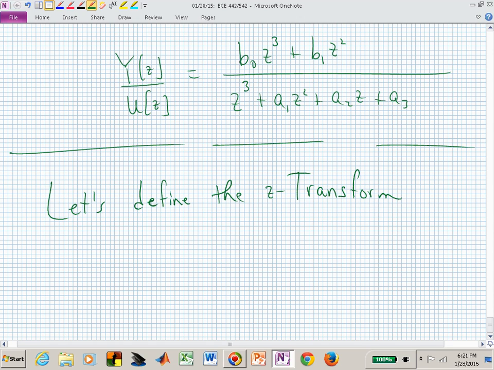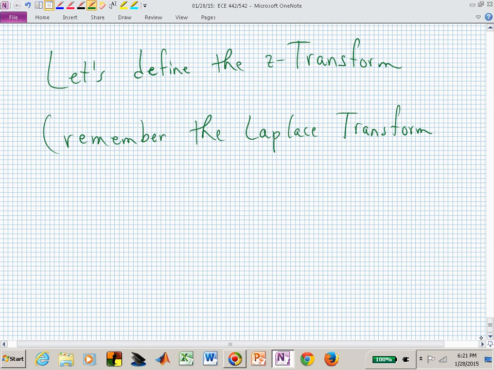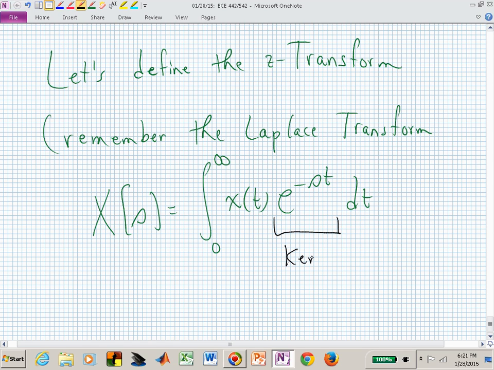Let's define the z transform, and again, just as a reminder, we can remember the Laplace transform is capital X of s is equal to this integral from 0 to infinity of x of t e to the minus st dt, where you might see this called some kernel, and it's actually weighting, or it weights, all of this time domain waveform x of t.